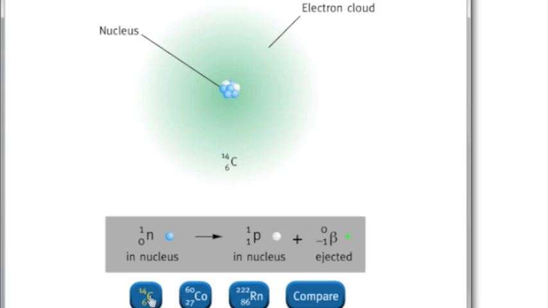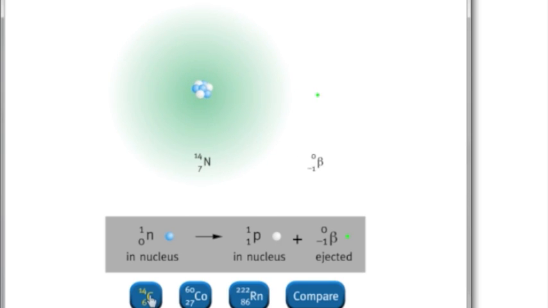A carbon-14 nucleus contains 6 protons and 8 neutrons. During beta decay, one of the neutrons is converted to a proton and an electron. This electron, called a beta particle, is then ejected from the nucleus, producing nitrogen-14. A nitrogen-14 nucleus is stable, thus no further radioactive decay occurs.